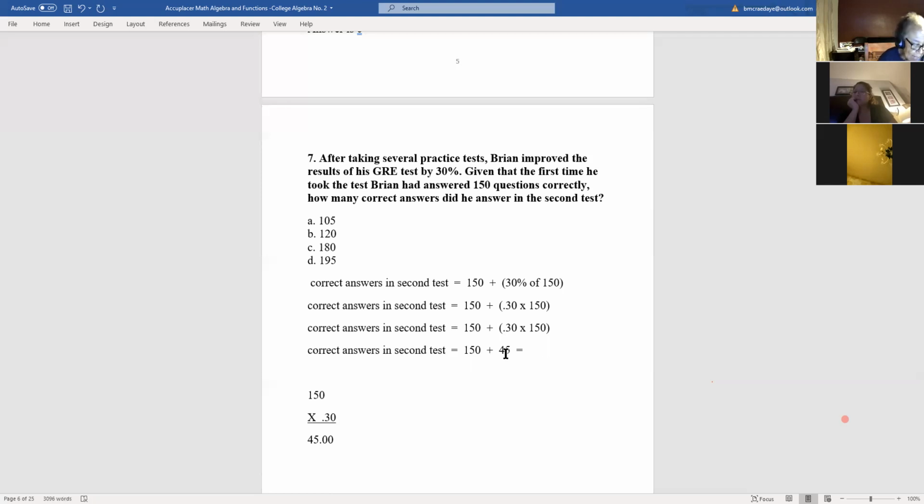And what answer is that? D. Very good. Answer D. He improved his test by 30%, so you've got to get 30% of the 150.